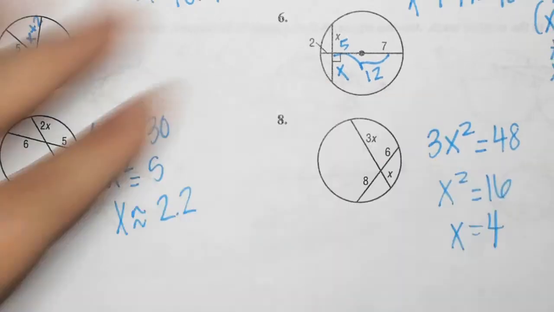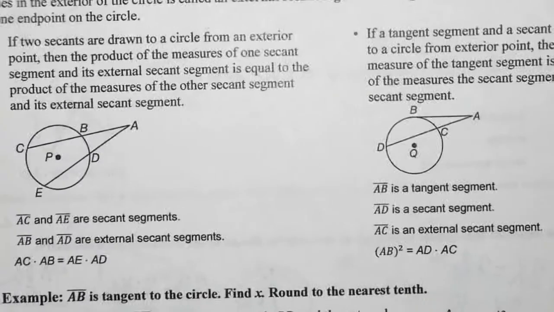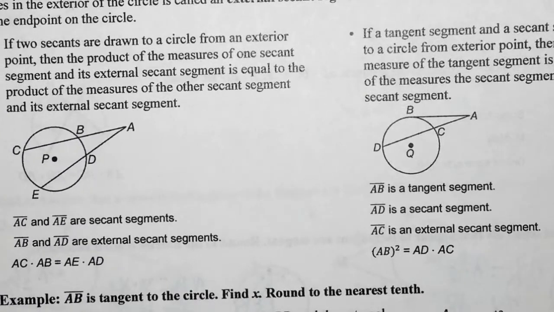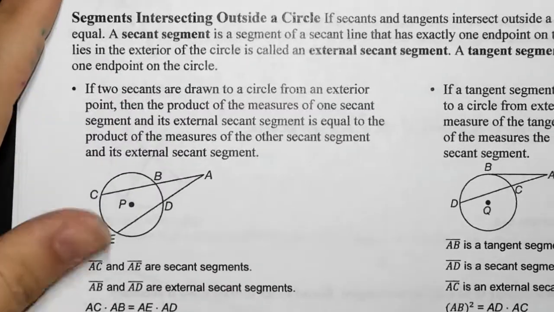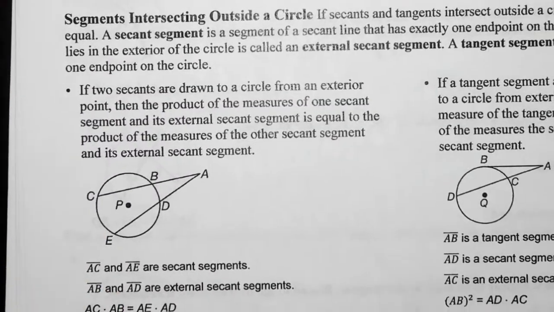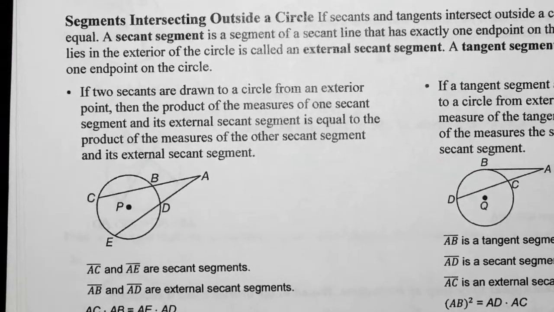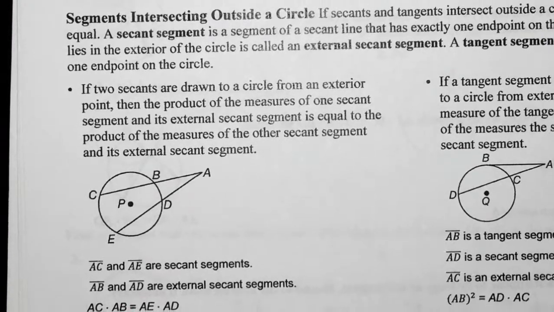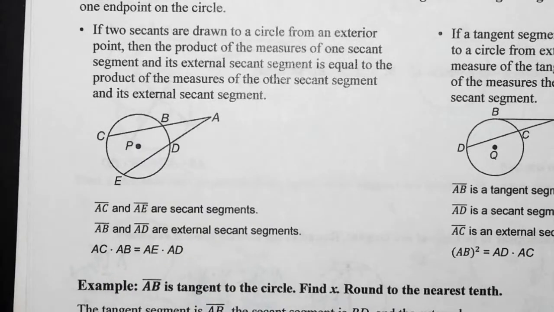All right, on to the next page, page 8. Now we're talking about segments that intersect outside of the circle. So that's the big difference. First part, they were inside, now they're outside. So kind of the same thing.